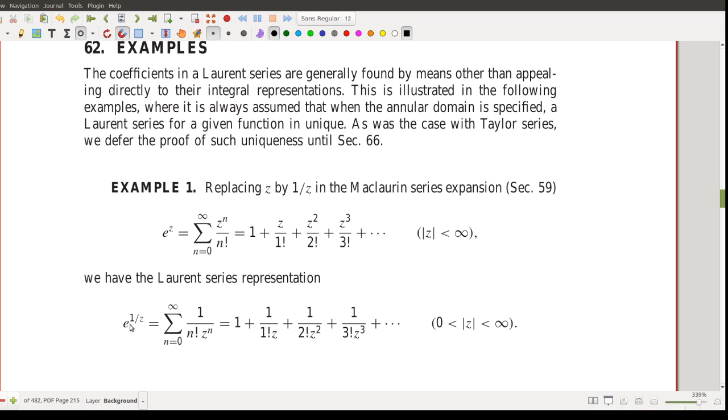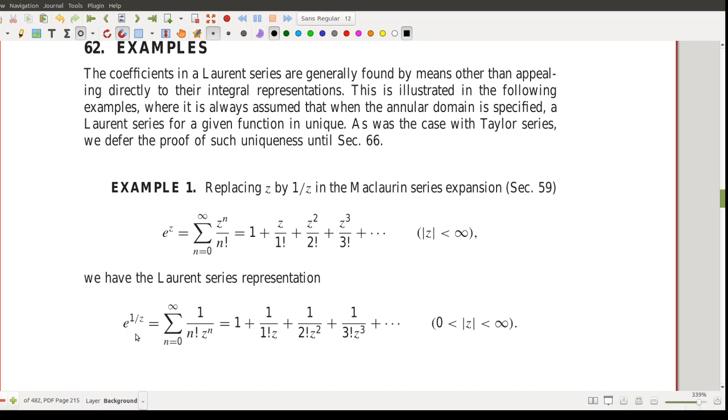But if you consider the function e^(1/z), we cannot apply Taylor's theorem for this function at z = 0, because at z = 0 the function e^(1/z) is not analytic. But we know that the only singular point for e^(1/z) is z = 0. So if you remove a neighborhood centered about z = 0, then at the rest of the places in the complex plane, this function e^(1/z) is always analytic.